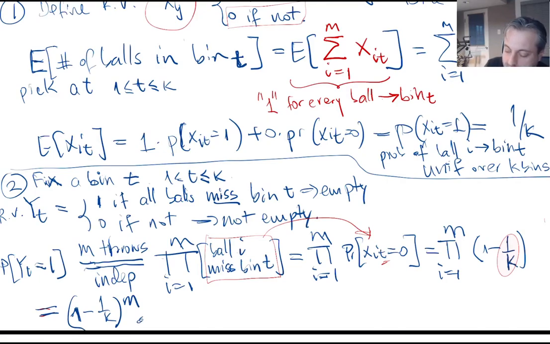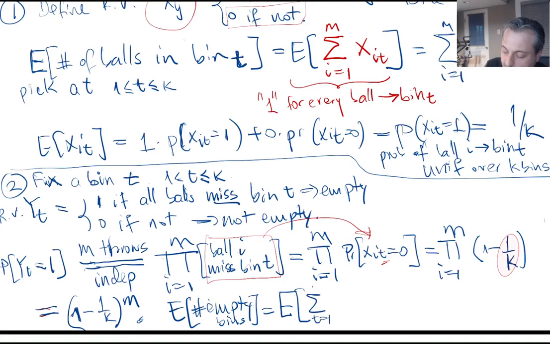So now finally, the expected number of empty bins is the expected value of the sum over all those bins, t equal 1 to k, of this Y_t.